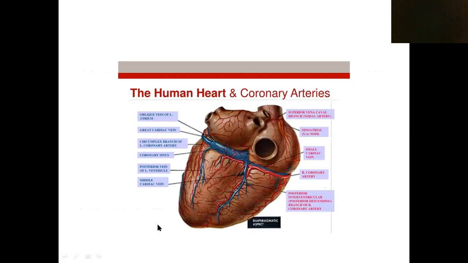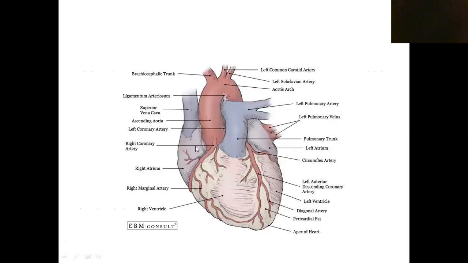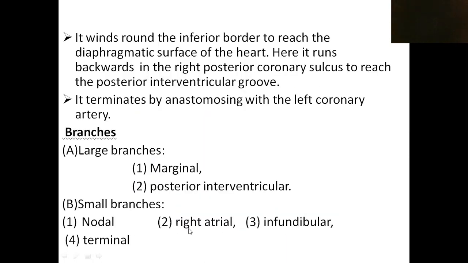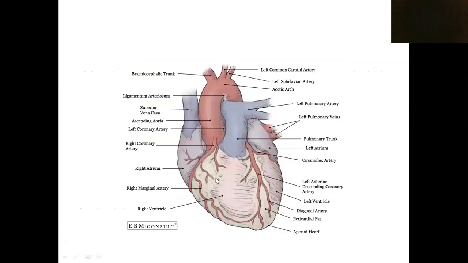We'll see that. See, this is the right atrium. Here we can see some branches to the right atrium. So atrial branch to the right atrium. Clear? Then ventricular branch or infundibular branch.